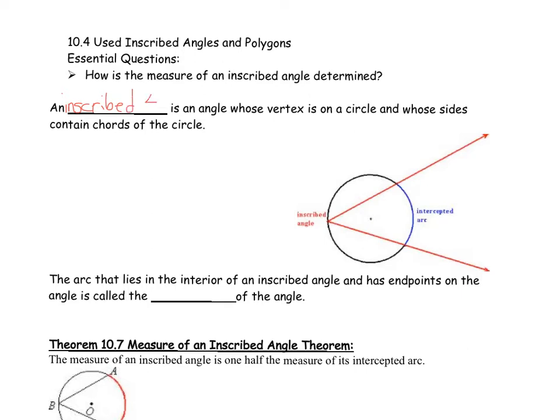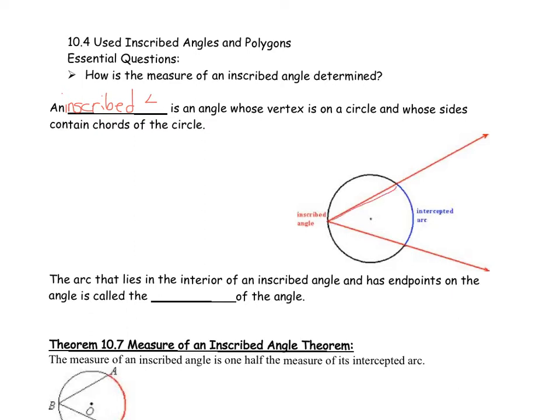An inscribed angle is an angle whose vertex is on the circle and whose sides contain chords of the circle. I wrote that vocabulary word in red because, hopefully you can see the red, they look like rays on the segments. But they are intersecting your circle in two locations, so they could also be considered chords.